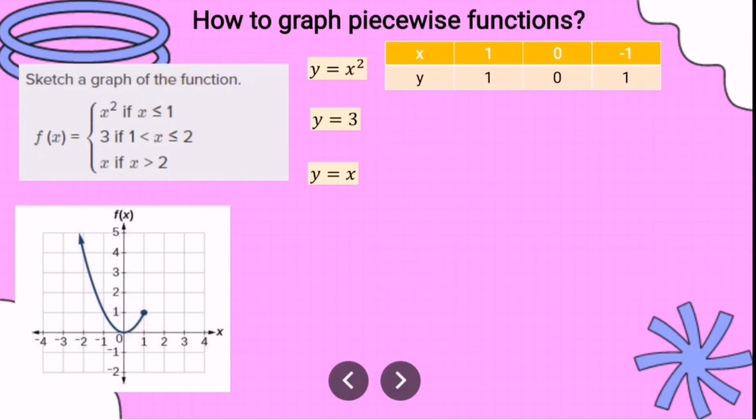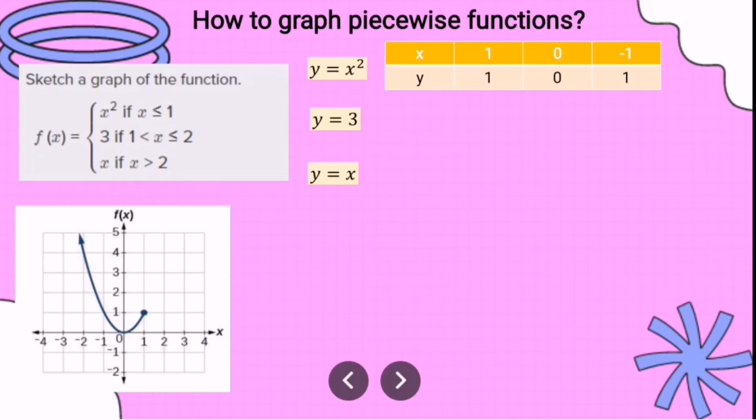Our next value is going to be 0, and 0 squared is equal to 0. And it is in this point, 0, 0 at the center. Notice our line is going down to the left. When our x value is negative 1, our y value is equal to 1. So our line will go upward to the left. And that is negative 1, positive 1. So the graph of this first equation is like this.